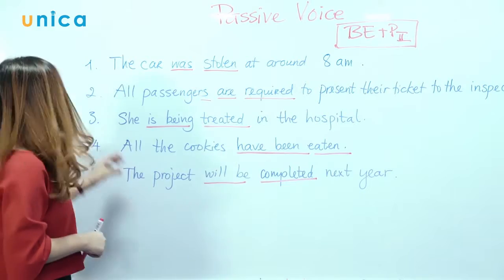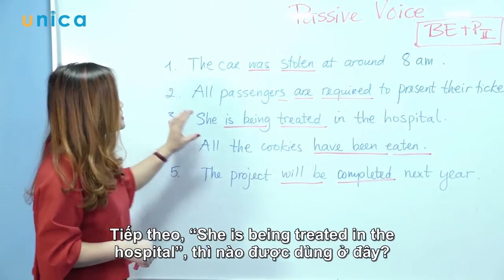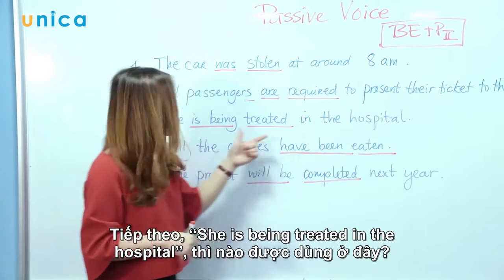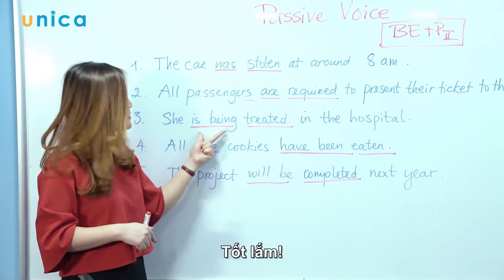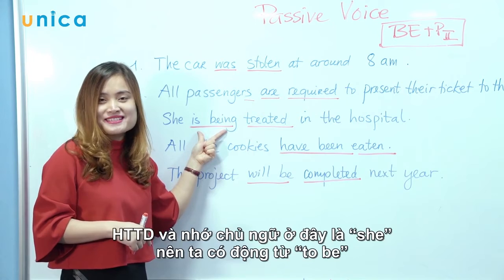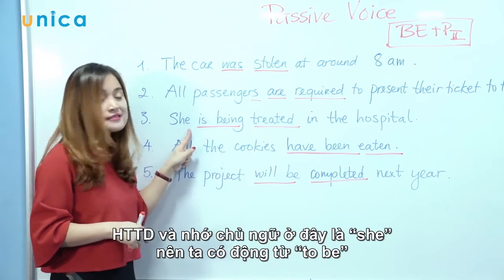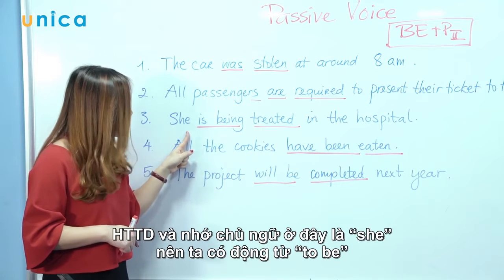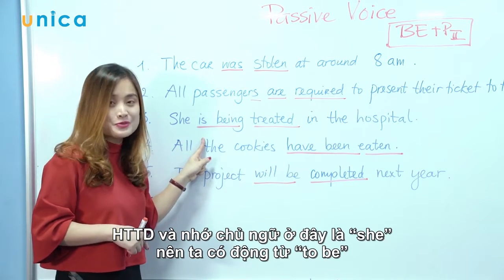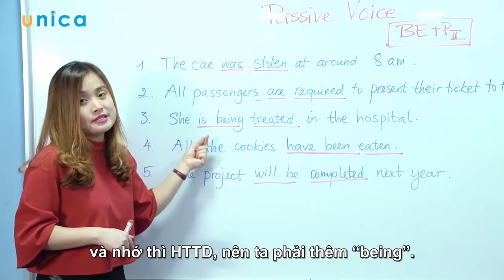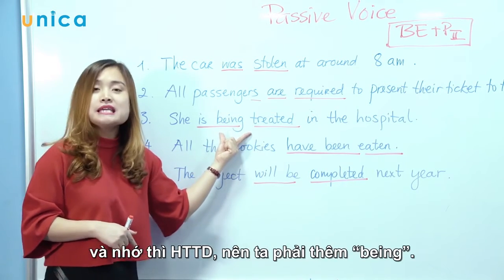Simple present. And the next one, she is being treated in the hospital. Which tense is it? Good job. Present continuous. And remember, the subject here is she. So we have the verb to be. And remember, this is present continuous, so we have to add being.